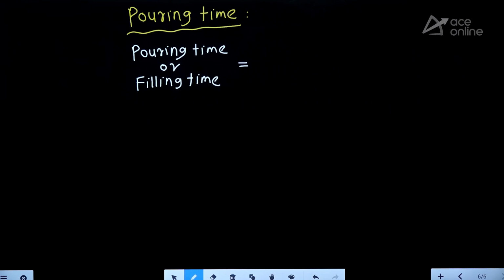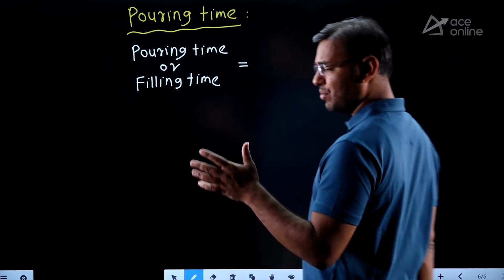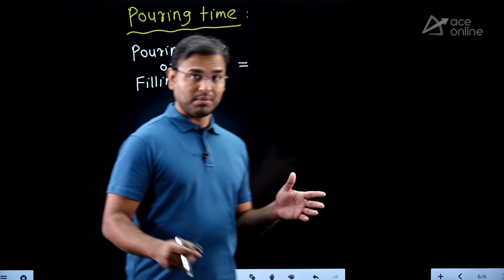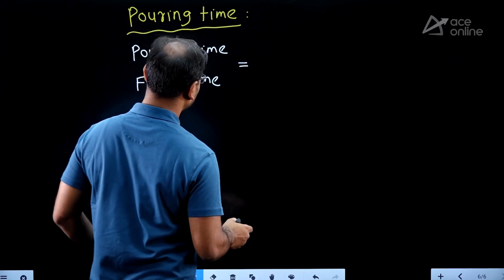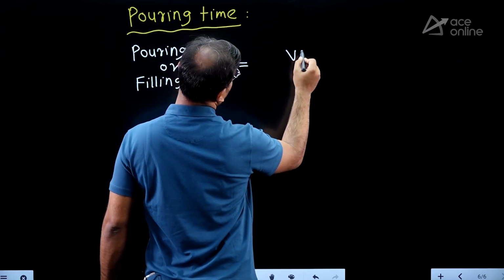Therefore we pour the molten metal at a temperature of 1700 degrees centigrade. But what time is required to pour the molten metal is also important for us. The pouring time formula is volume divided by flow rate.